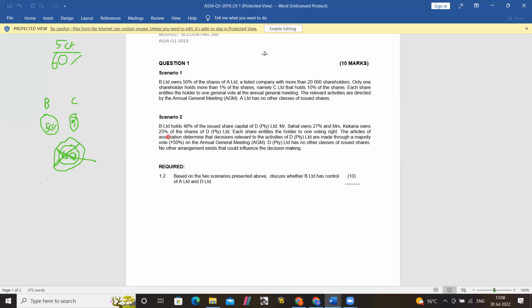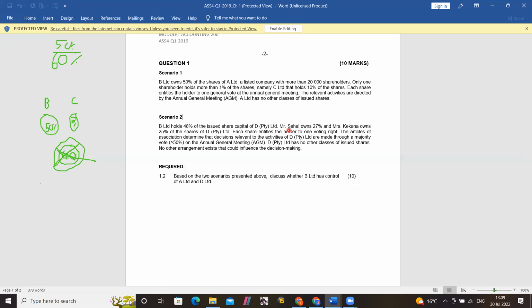So do you see that this is via voting rights, again, not complex arrangement? And then they said the articles of association determine that decisions relevant to the activities of D are made through a majority voting, so it's via voting rights, they tell us straight, at the annual general meeting.